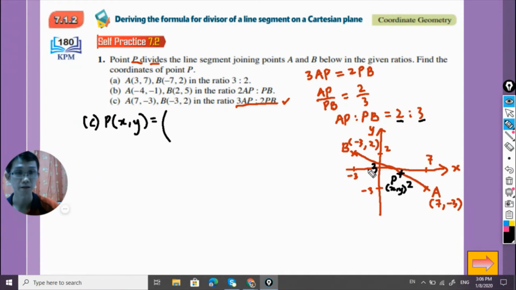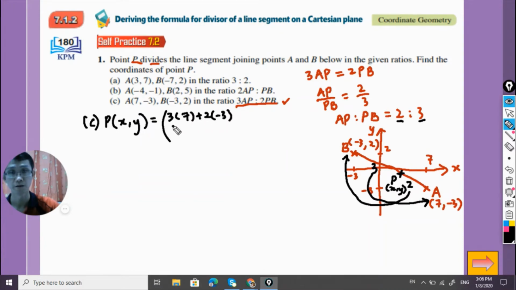So your n is this one, 3, m is 2. So first P divides AB, so you read from A towards B, so it's m here and n here. So n will be multiplying with the x1, and then the m will multiply with the x2, so you will get 3 multiplied with 7 plus 2 multiplied with -3, so over 2 plus 3.